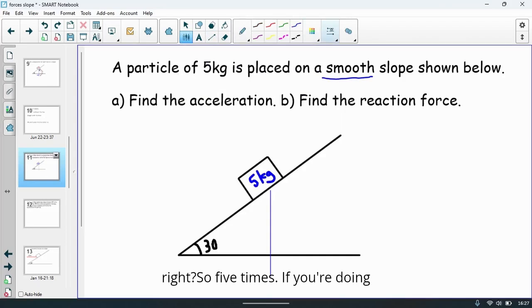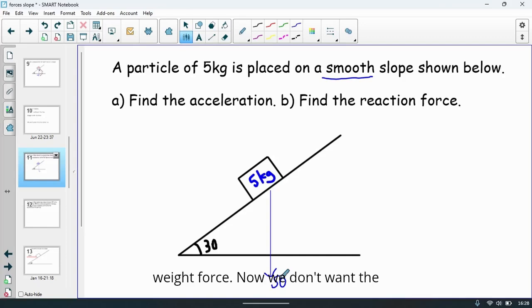Right, so 5 times, if you're doing Cambridge, g is 10. So 5 times 10 is 50. If you're doing Edexcel, use 9.8 as gravity. But Cambridge, 5 times 10, 50. And so that's the weight force.